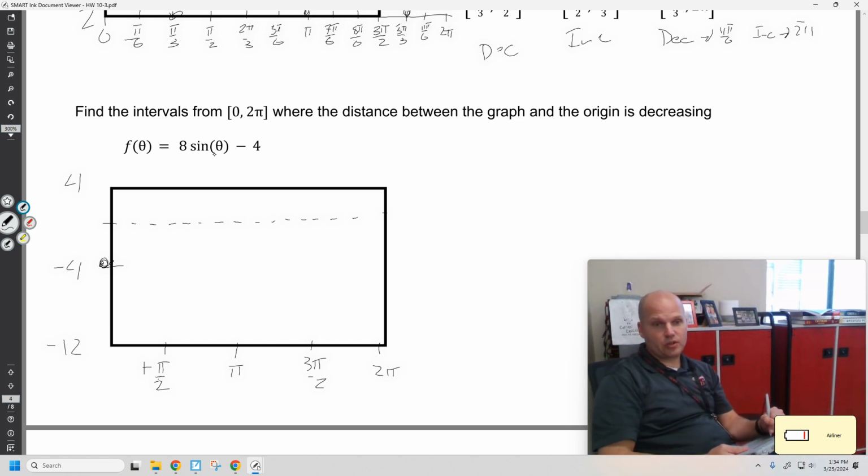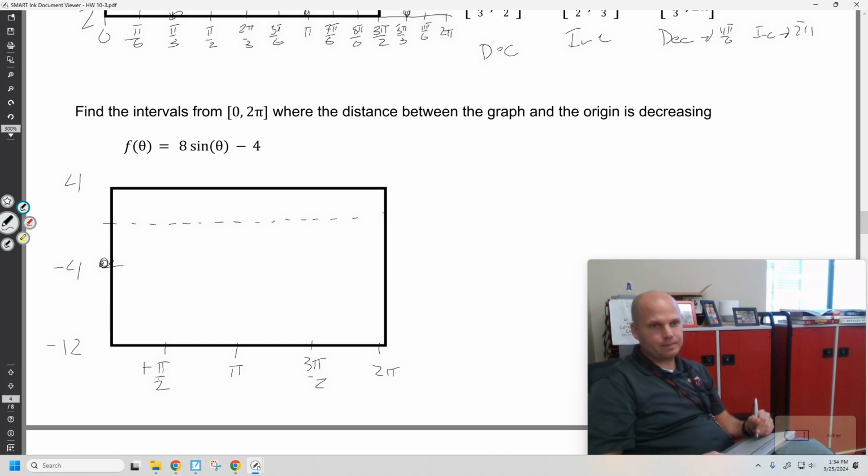Let's find the zeros. It's going to be at the pi over 6s again. Pi over 6 will be half. So you could check 8 sine theta minus 4 equals 0. Sine theta equals positive a half. Here it's the positive pi over 6s: pi over 6, 5 pi over 6.